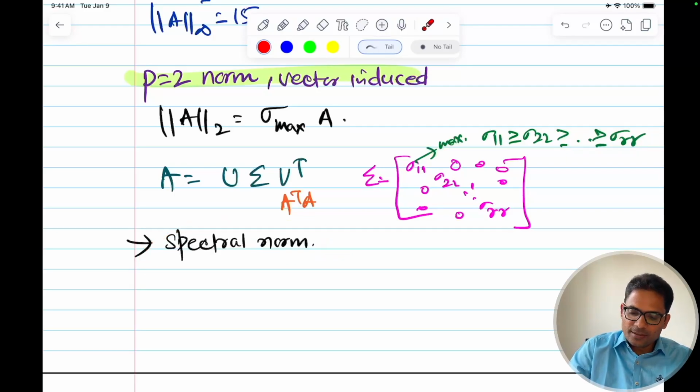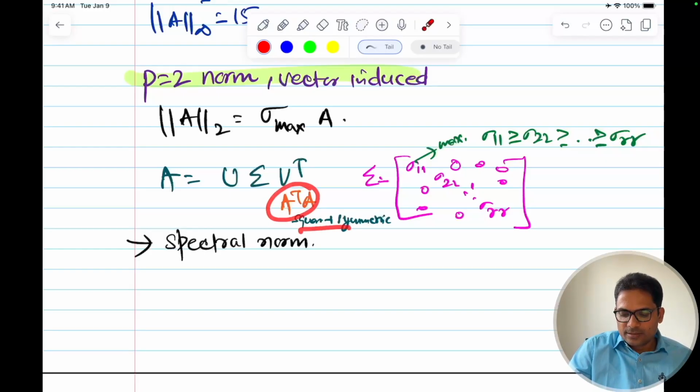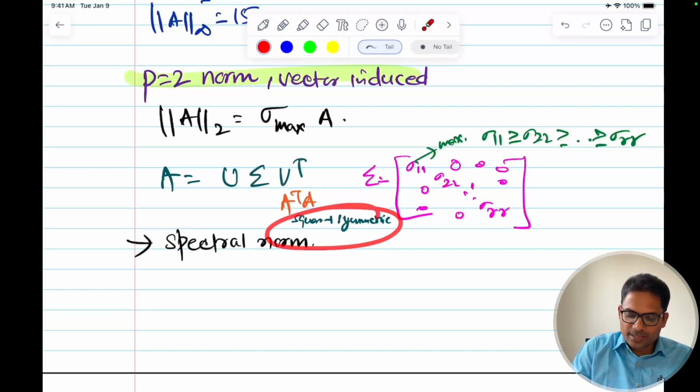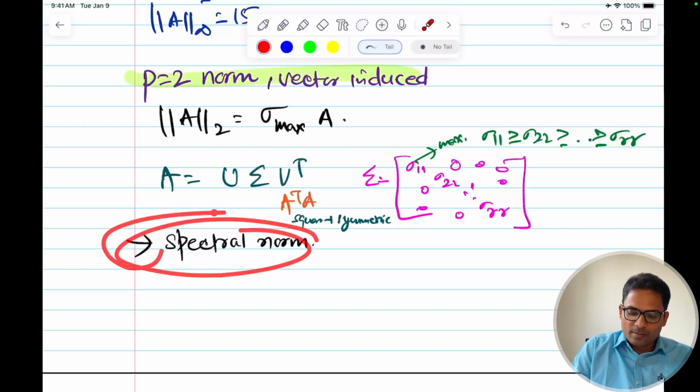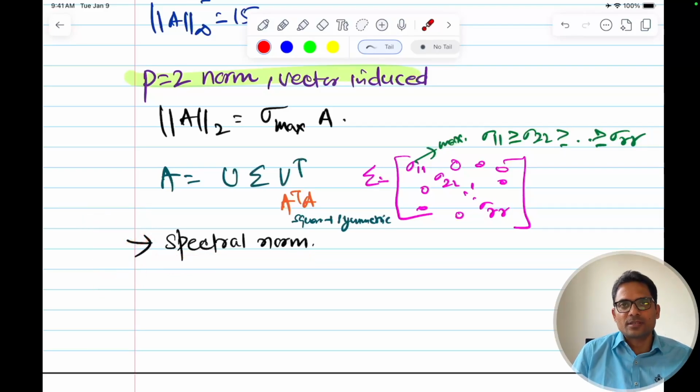This matrix A transpose A will be a square symmetric matrix, a kind of covariance matrix, so all the factors will be the same across the diagonal. If you take mirror images, they will be the same. From that, it follows that this is a spectral norm. If you don't understand the spectral decomposition, check the eigenvalue decomposition video. I'll put that link in the description. From that, you'll understand.